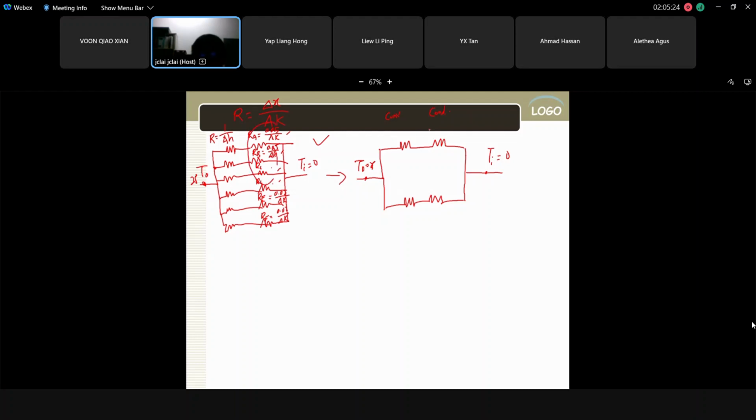They'll become R for side. Because they all have the same thickness, they can be combined. But now the A is a different A. This A is AA plus AB plus AC plus AD. This one here is AA, this AB, this AC, AD.